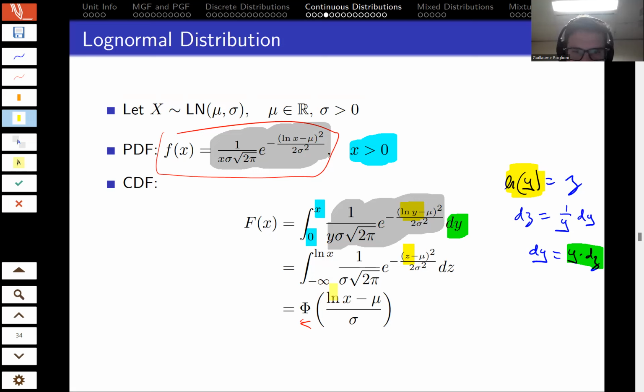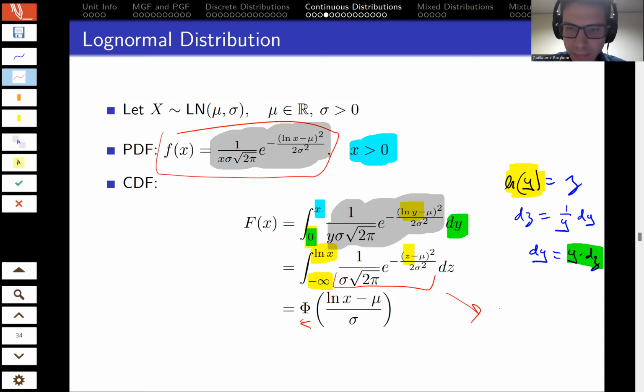When y is 0, then of course ln y, which is z, is minus infinity, and when y is x, then ln y is ln x. And then we're done, because integrating from minus infinity to ln x this density function, you recognize this.